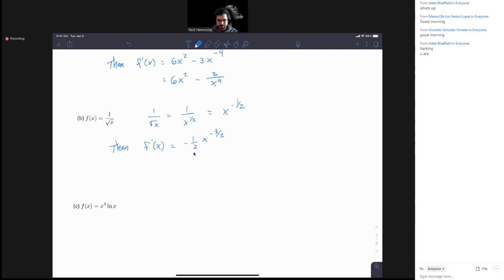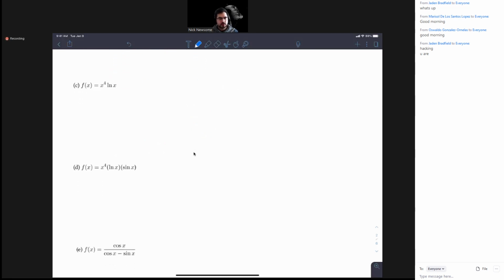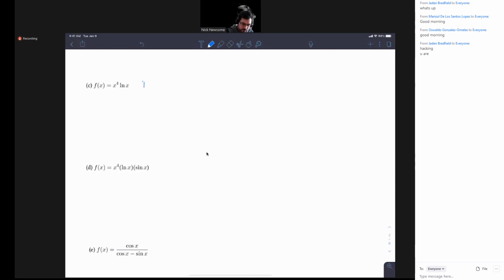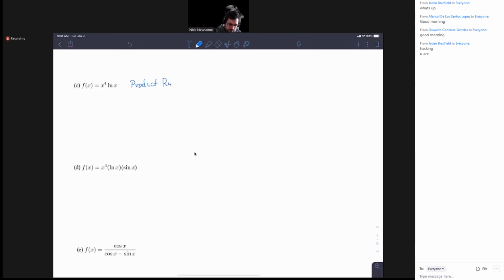All right. So part C is where things start getting a little bit interesting. Because now we have a product rule, and I can't do anything sneaky with my function now. I kind of just have to do it. All right, so I need my product rule.